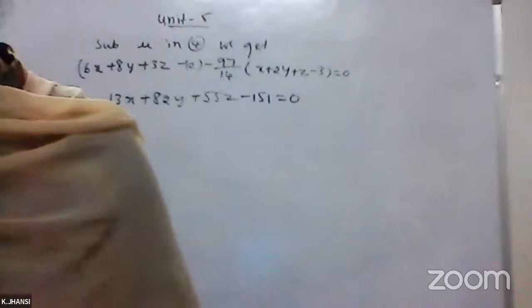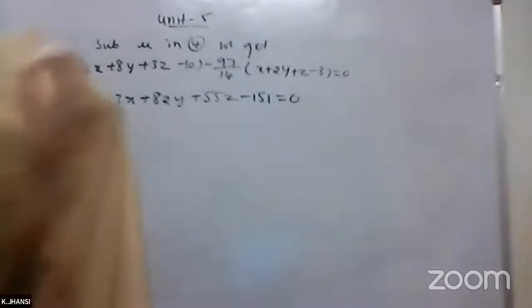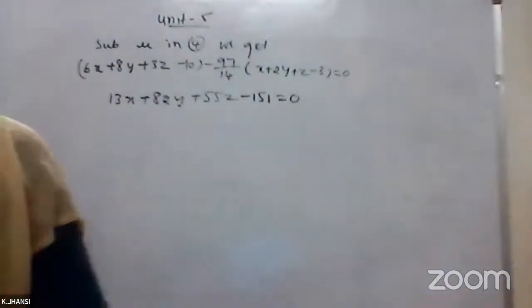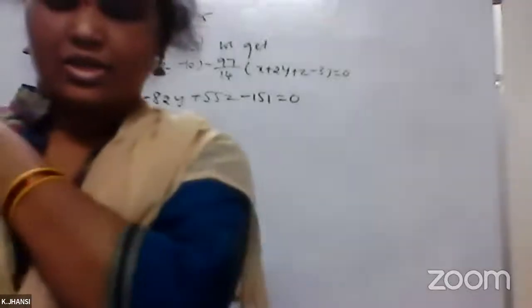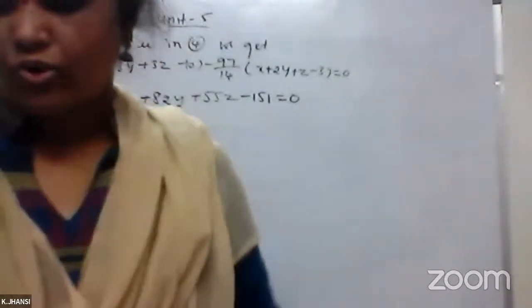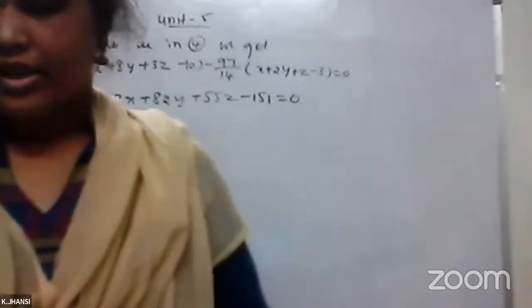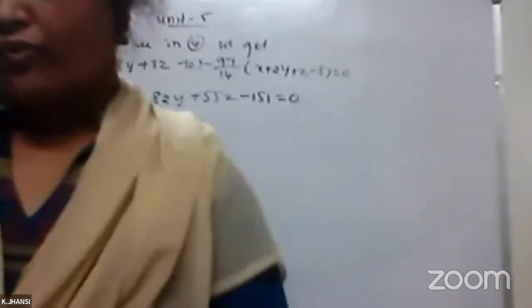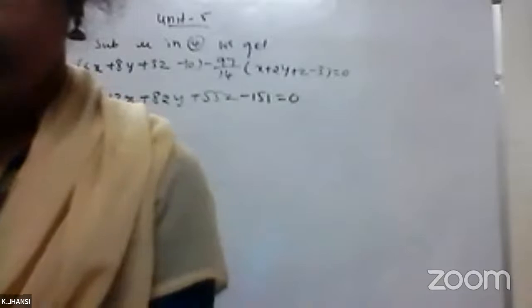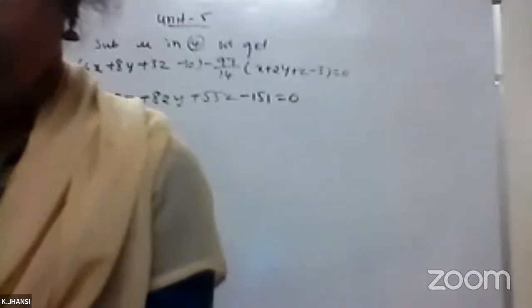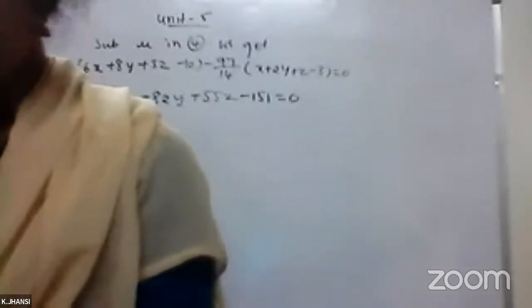Okay, so in this fifth unit, you have the last topic, that is the nature of intersection of three planes. So for this, you have to know what the conditions are. Three different ways are there. So for what condition the three different planes, what property they will show, it is given.